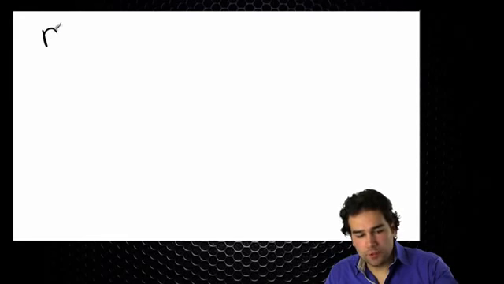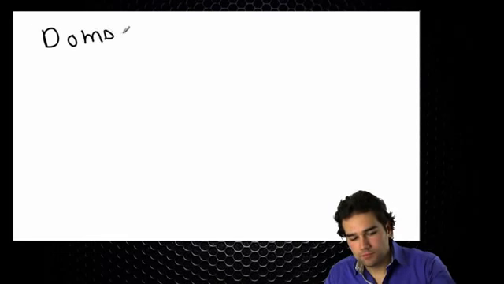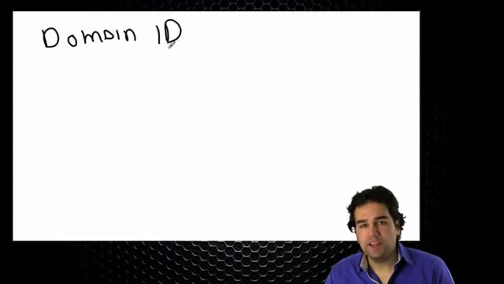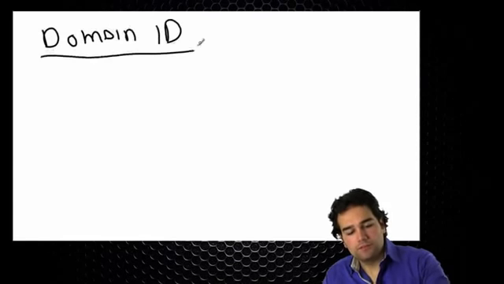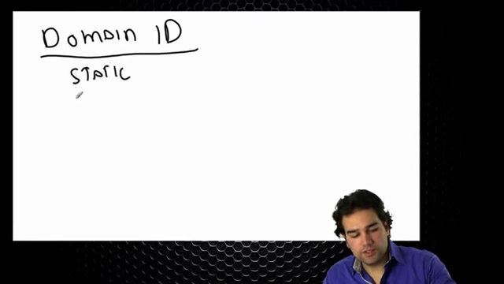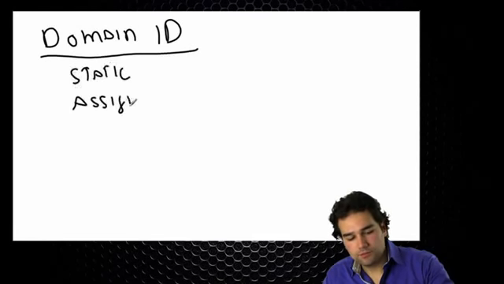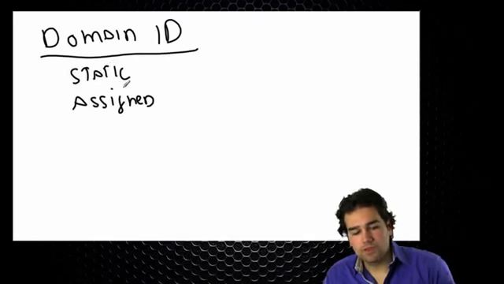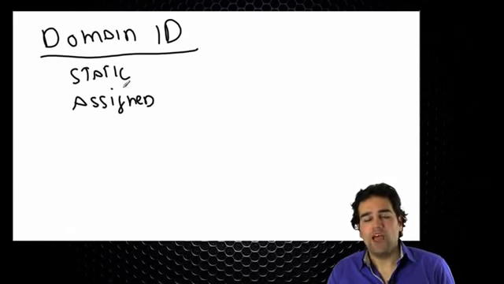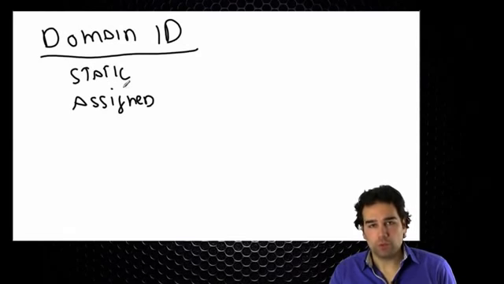So again, domain IDs. A domain ID can be either statically configured or it is assigned. In both ways, I need to ask permission to the network if I am allowed to use this number.